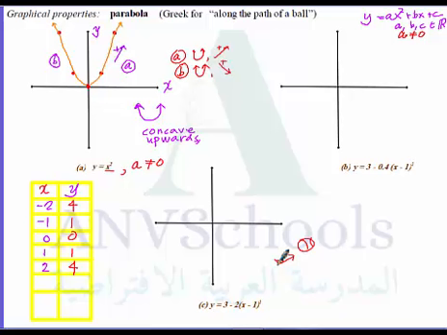Then this ball will form a path which is curved in nature, and that's what you call a parabola. The trajectory is what you call a parabolic curve. So that's where the word parabola came from.